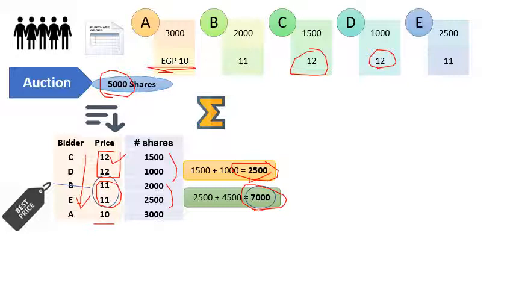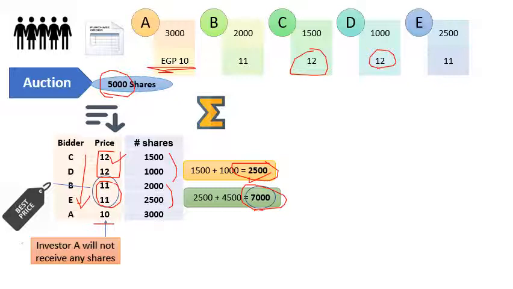Because at 11 Egyptian pounds, the investment bank can sell the 5,000 shares. So the final price will be 11 Egyptian pounds. This means that investor A, who submitted an order specifying 10 Egyptian pounds, which is the smallest limit in the price range, will not receive any shares.